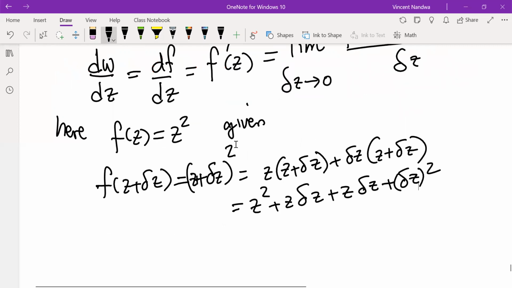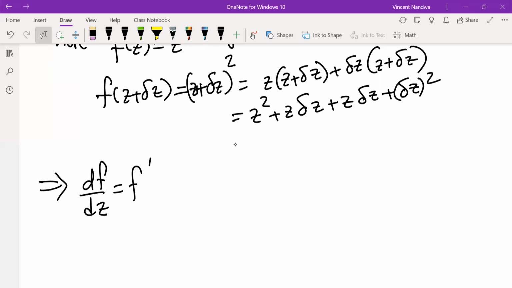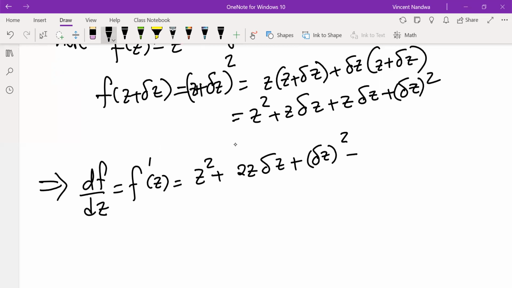Now, using these values in the definition, this means df/dz, which is f prime of z, is z squared plus 2z delta z plus delta z squared minus f of z, which is z squared, divided by delta z.